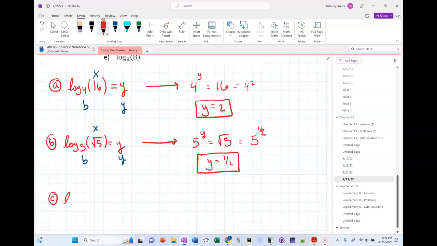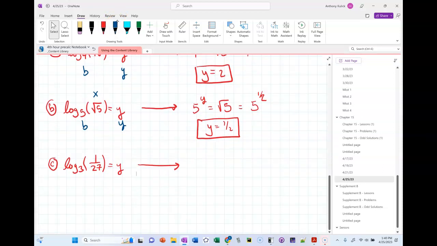All right, let's do some that are a little bit sneakier. So again, I have log base 3 of 1 over 27 is equal to y.